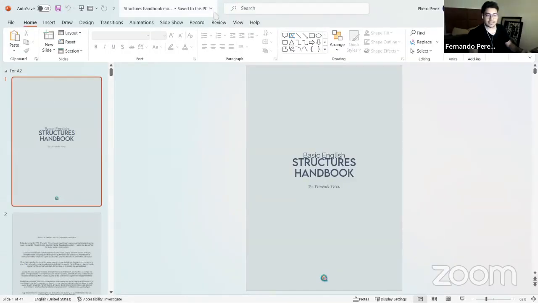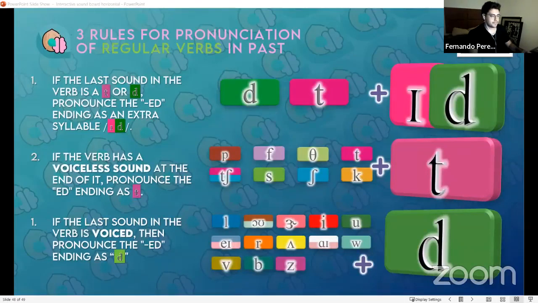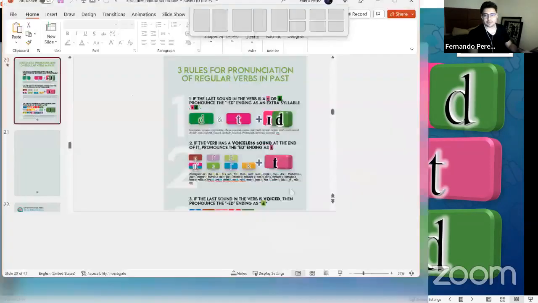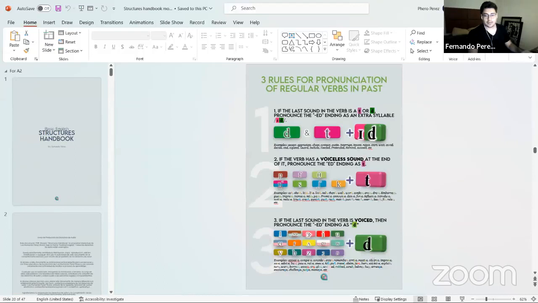All this information is in your structures handbook. Everything that I just told you is in your structures handbook, and I need to pass you the new edition because I made some changes. But your structures handbook is a manual where you can see and catch all this information. Okay?